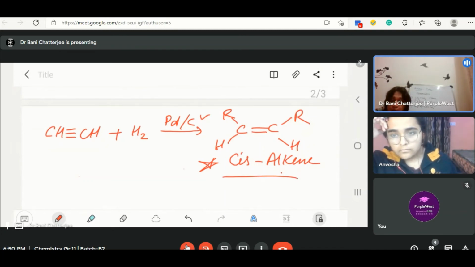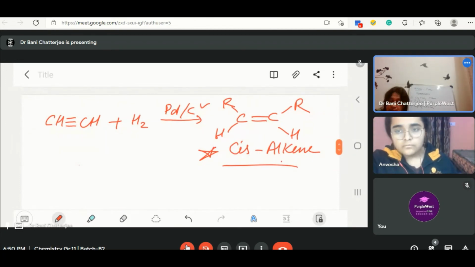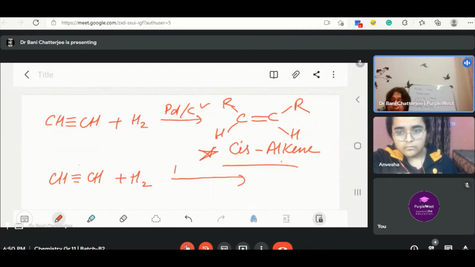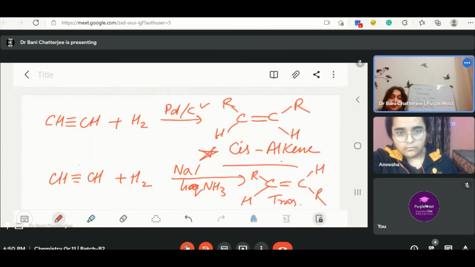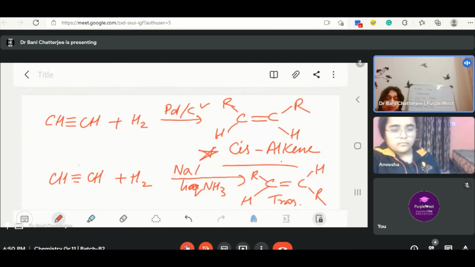So how to get the trans one? If you have CH triple bond CH and add H2 in the presence of Na and liquid ammonia, that is NH3, then you will get the trans product.